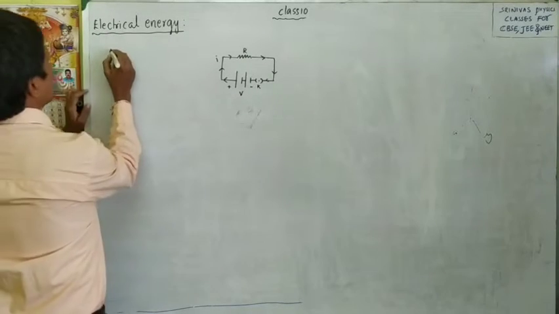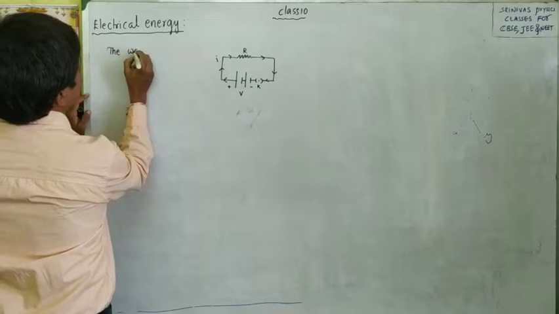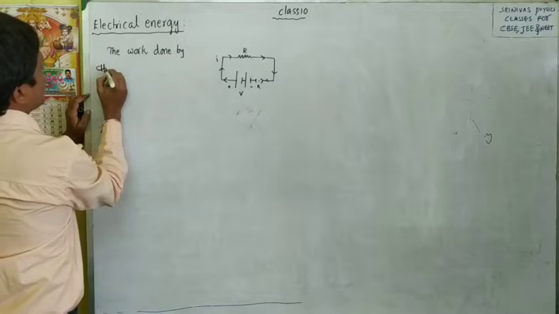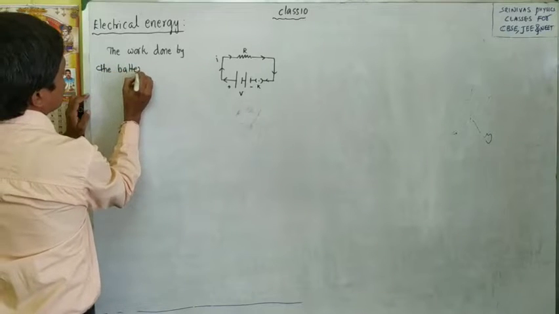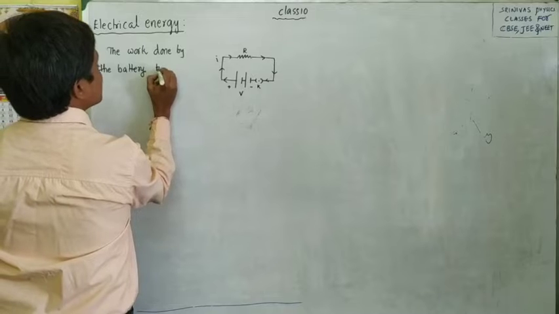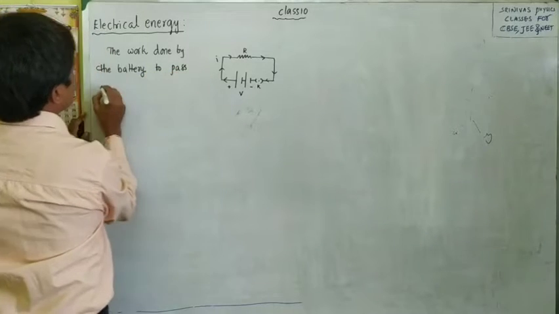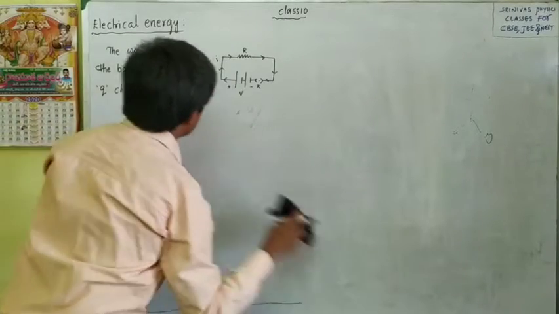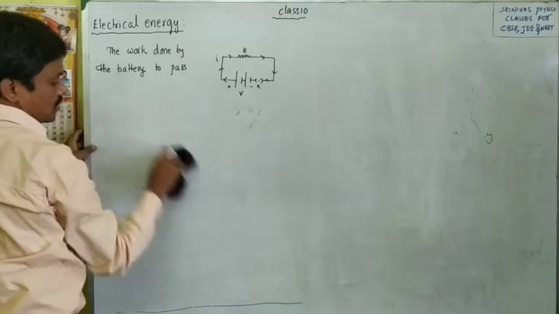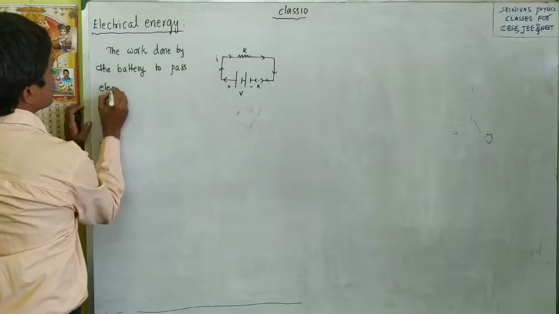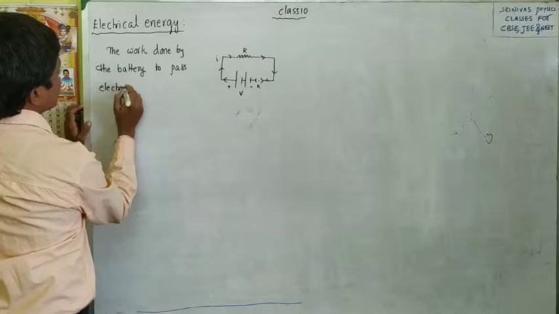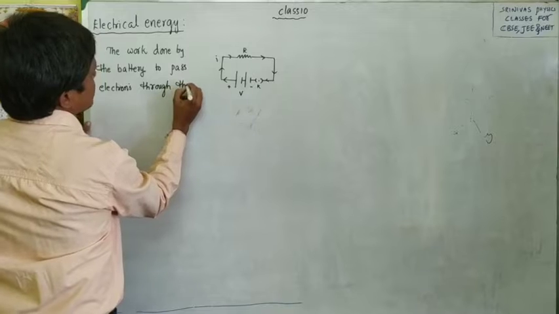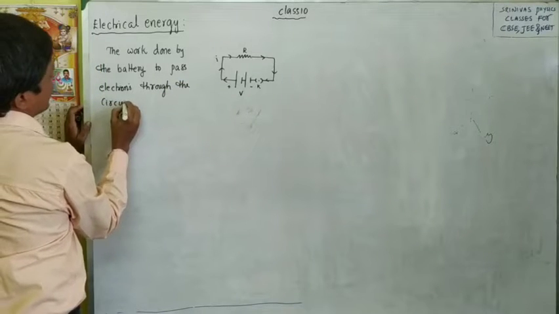Then the work done by the battery to pass Q charge, to pass electrons through the circuit, is equal to electrical energy.